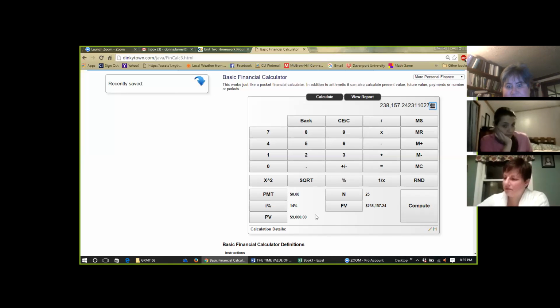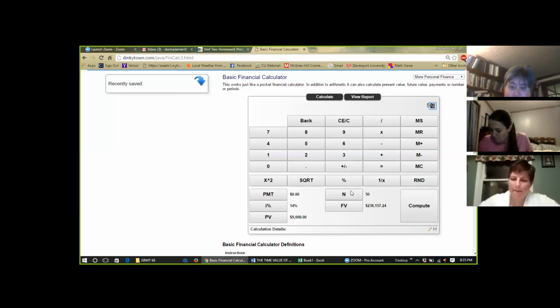So how do you deal with that in this calculator? Since it really doesn't work with different periods of time. You can't say quarterly or monthly. What you do is you change the number of periods to 50. Because we're going to have 50 half-year periods of time over the life of this investment. We're putting $9,000 in the bank for 25 years, but 25 years is 50 half-year periods of time.